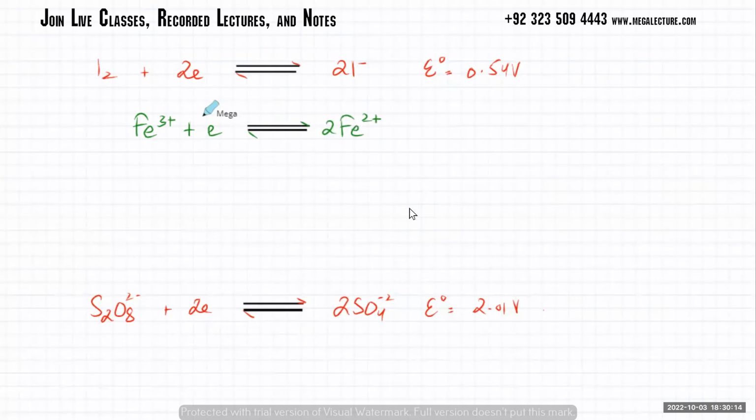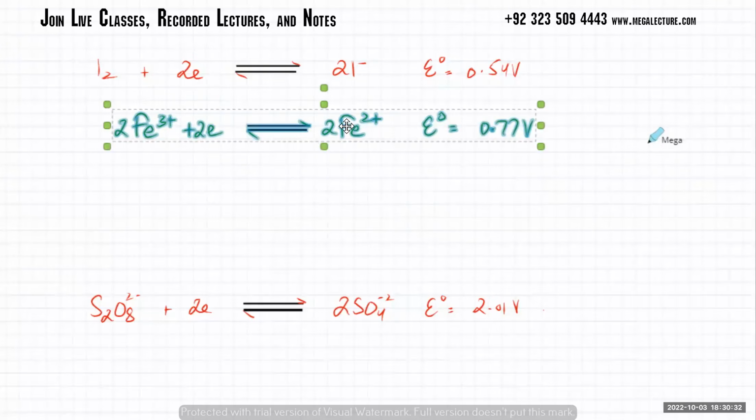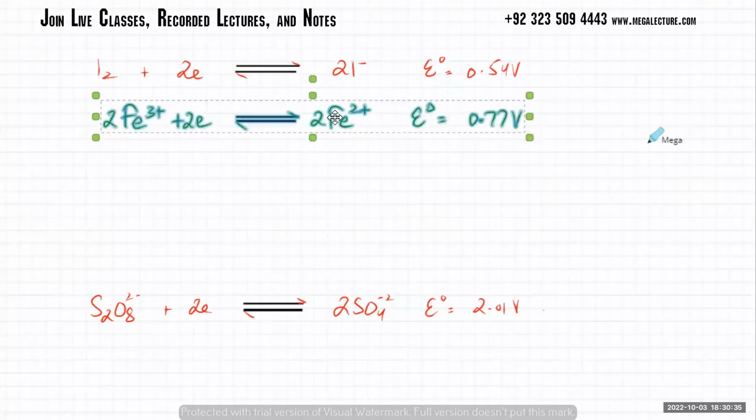And this electrode has a potential of 0.77 volts. Now, when you add iron ions to it, the iron ions are going to go and separately react with both of them.